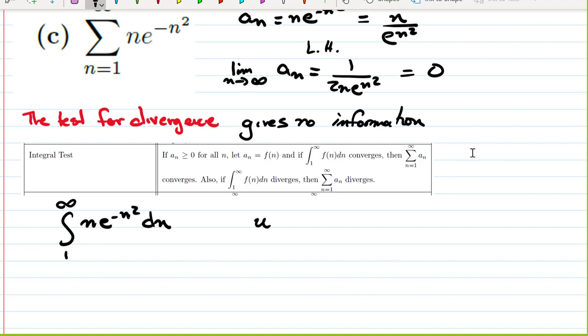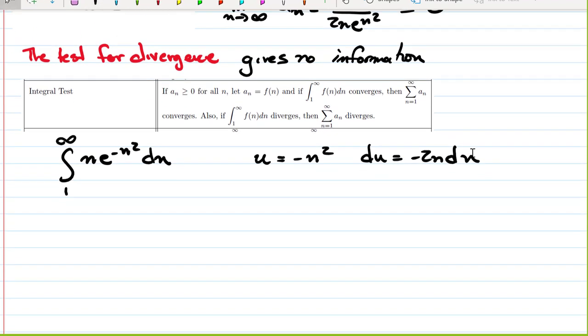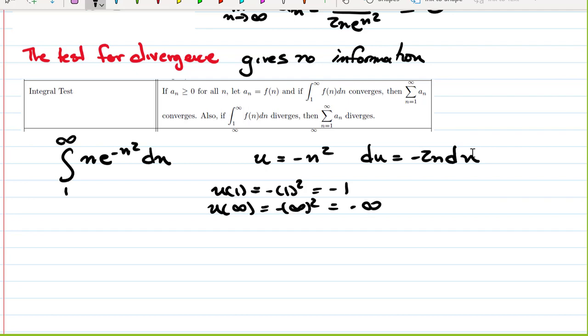So if we let u equal negative n squared, then du is equal to negative 2n dn. And changing our limits of integration, u of 1 is going to be negative 1 squared, so that gives us negative 1. And u of infinity would be negative infinity squared, which is going to be negative infinity.